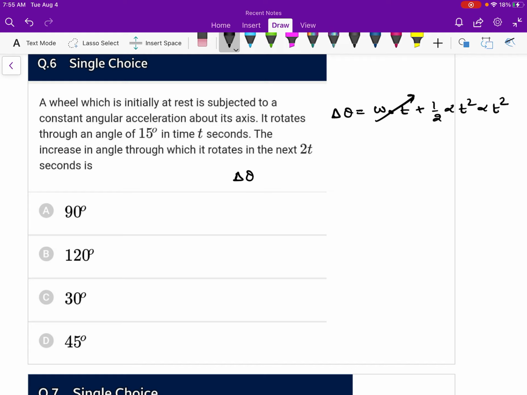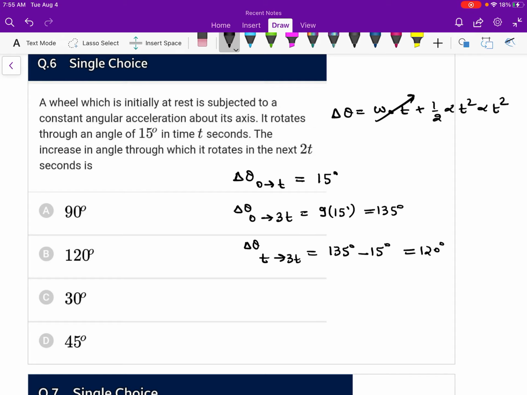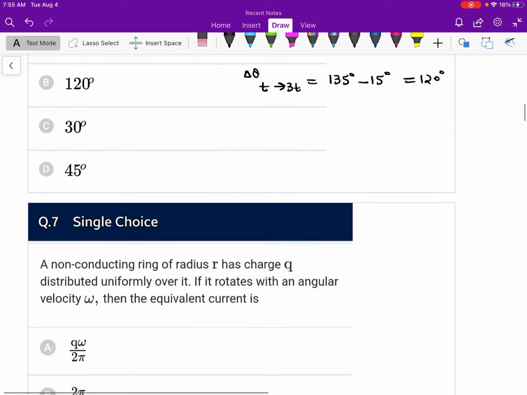So delta theta from 0 to t is 15 degree. So delta theta from 0 to 3t is 9 into 15 degree, which is 135 degree. So delta theta from t to 3t is 135 degree minus 15 degree, which is 120 degree. Here we have used proportionality.